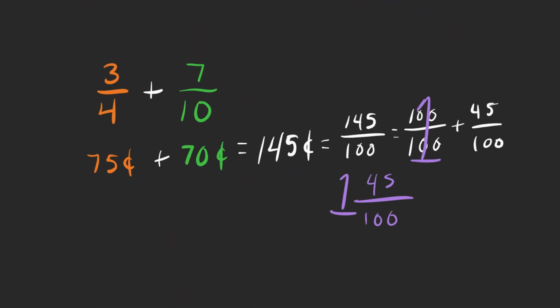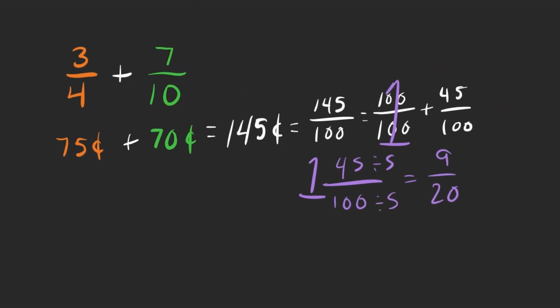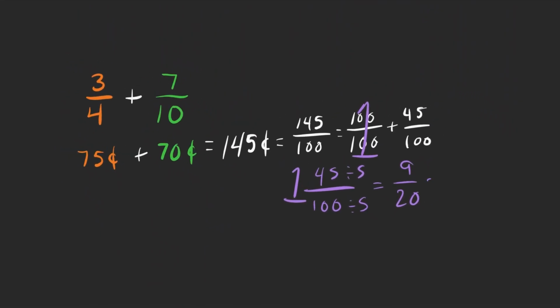The 45 can be divided by 5, divided by 5, and you get 9 20ths. 45 divided by 5 is 9. 100 divided by 5 is 20. So in all, we get 1, because you can't forget this 1 over here, 1 and 9 20ths. So 3/4 plus 7/10 is equal to 1 and 9 20ths.